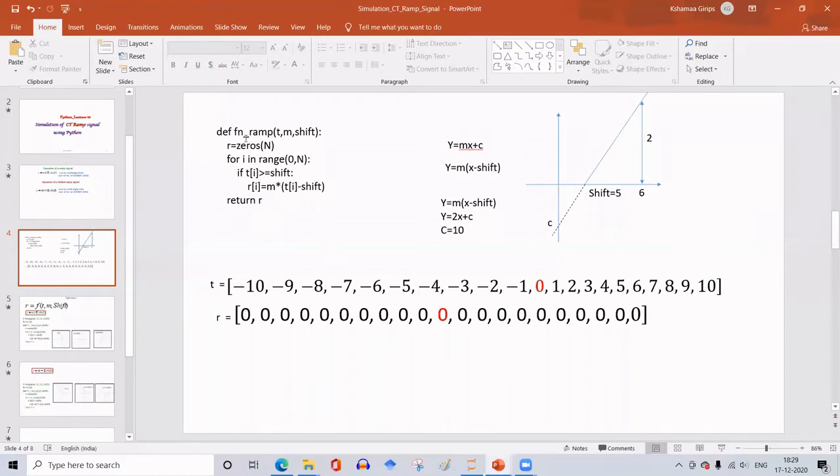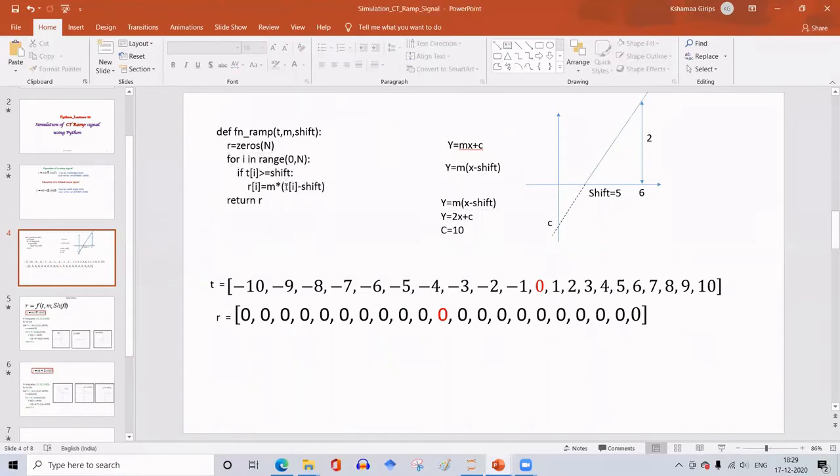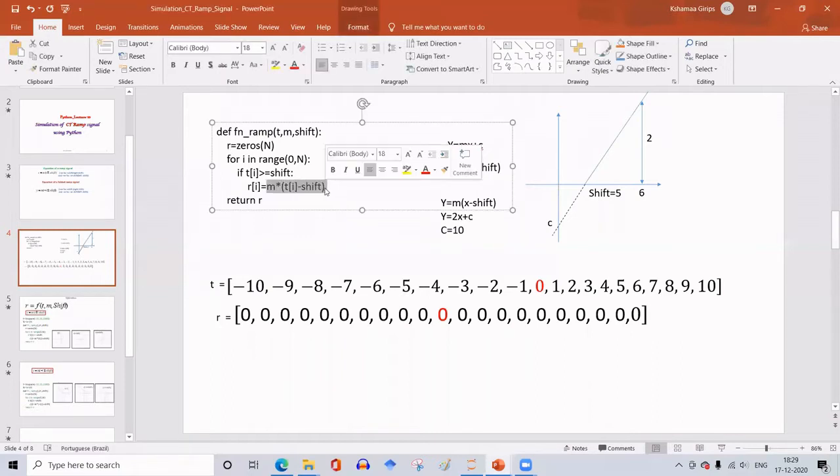Okay. So to fill that, this is the for loop, similar to the one we have used for step signal. But the change is fill this array R with the function evaluated as m into within bracket t of I. What is t of I?